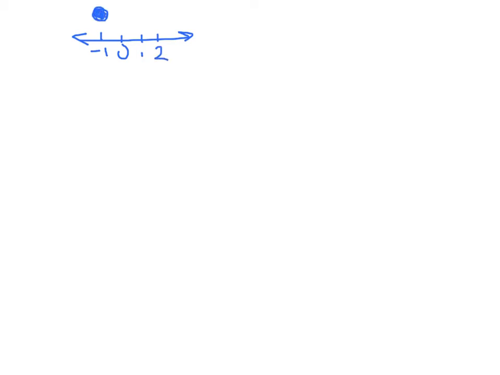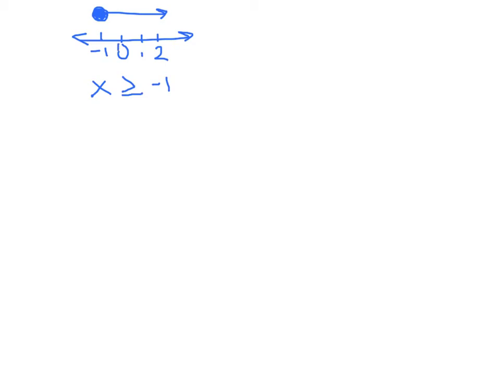It looks like this, and it goes this way. So this would be x. We can use any letter A through Z. We're going to say x is, because it's pointing to the right, greater than. Because it's solid, we're going to put the equal to. So x is greater than or equal to -1. This means all numbers are part of the solution if they're greater than or equal to -1.